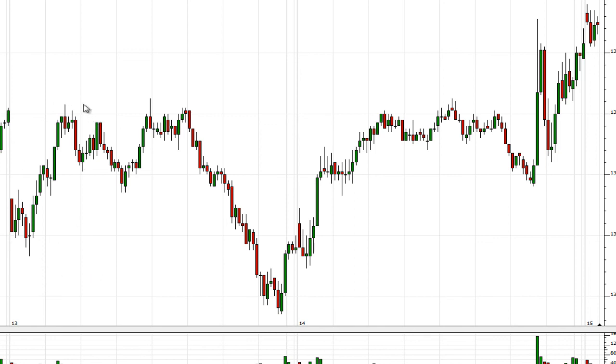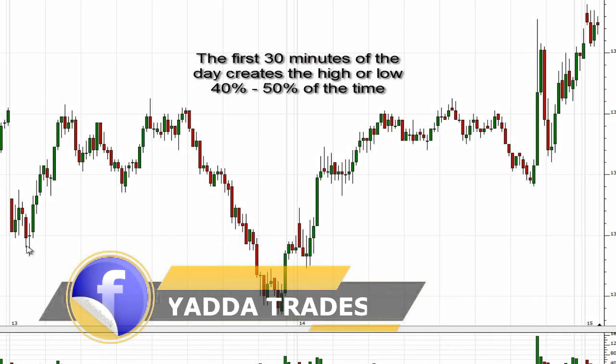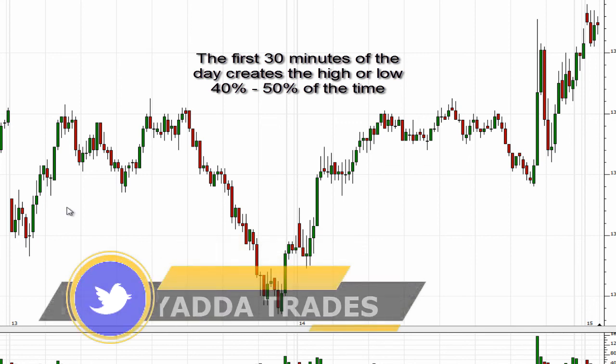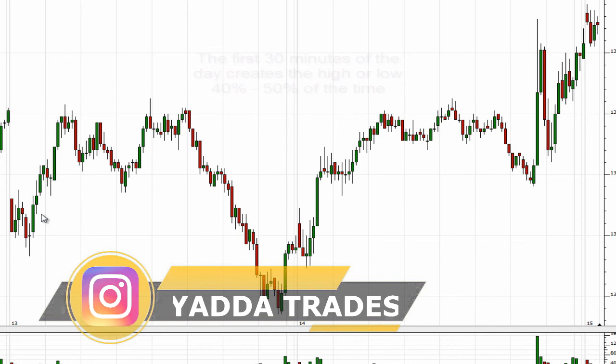Another stat is that even in the first half an hour, almost half the time we get the high or the low of the day. Right? So the first half an hour is the important part of the first hour. Something around 40 to close to 50% of the time, you get the high or the low of the day within the first half an hour. When you extend it to the full hour, it becomes about 70 to 80% of the time.